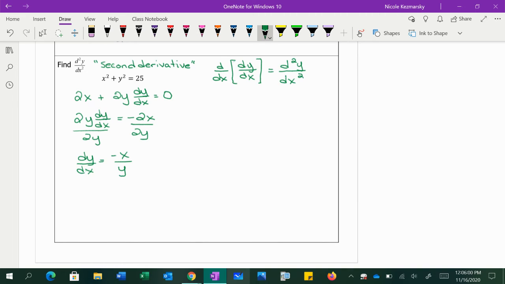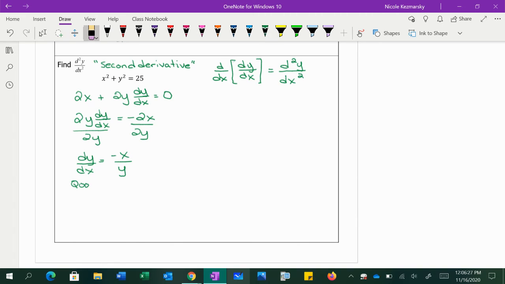You don't have to cancel, but it makes it a little bit easier because now what we're going to do is we're going to take the derivative of dy dx. So we're taking the derivative of this equation right here. Well, to take the derivative of the right-hand side, I have a quotient. I have a variable divided by a variable. So I need quotient rule.